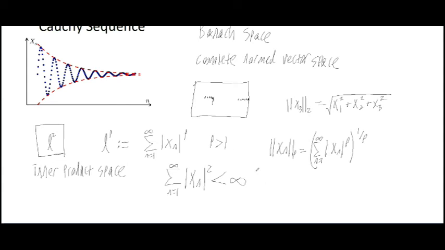So a divergent sequence is going to be something that, if you keep adding them up together, will approach infinity, where convergent means that it will not.